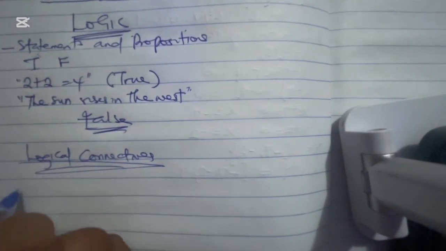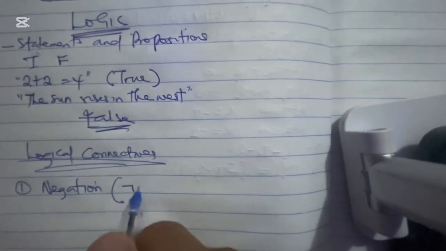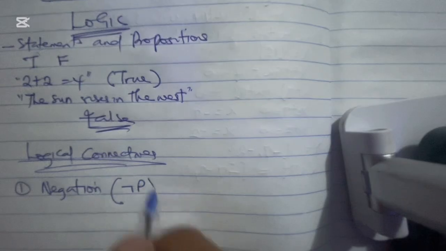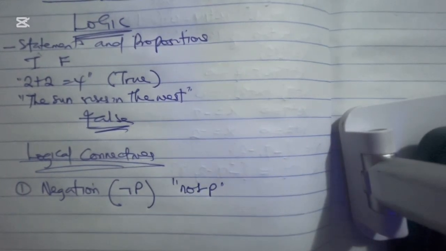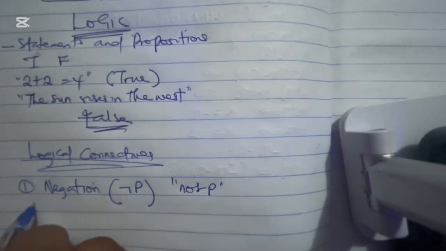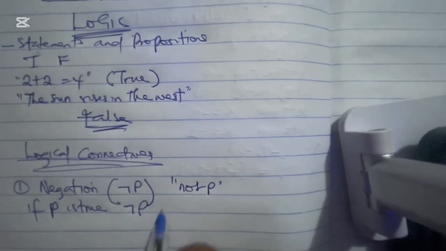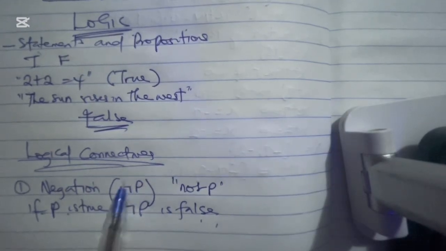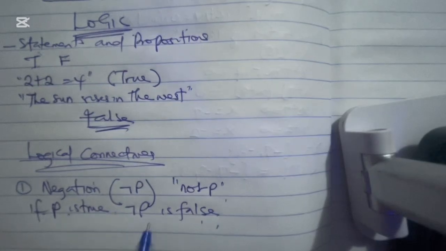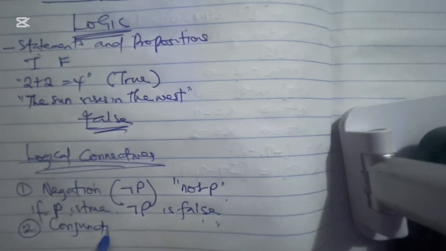The first logical connective we call negation. Negation is denoted like this, ¬P. This means not P. So if P is actually true, then not P is false. Just note that. Then number 2, we have what we call conjunction.